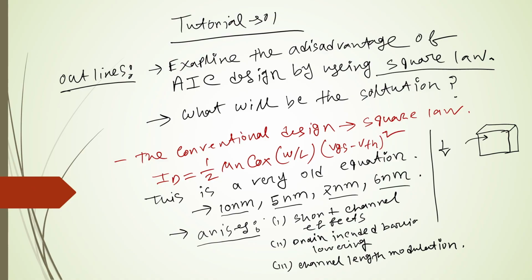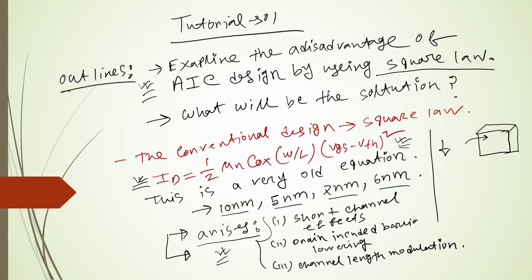So different types of situations will arise. We cannot explain all those things by using the square law. So there are many short channel effects that cannot be explained using the square law. So that is the disadvantage of IC design by using the square law.